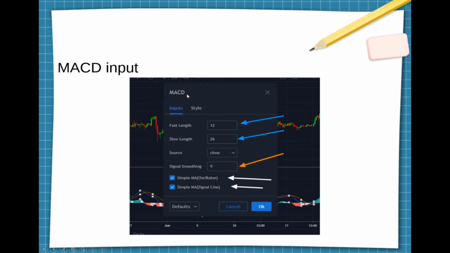So you can use MACD, and the 12 26 is usually the normal, and when you add the simple SMA oscillator and SMA signal line, usually you get a MACD that is more sensitive to trend and less sensitive to any fluctuation in the market.